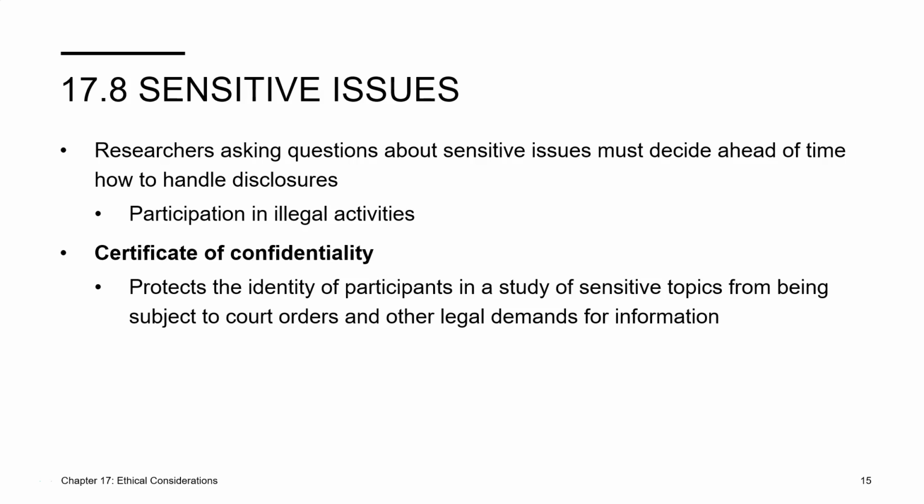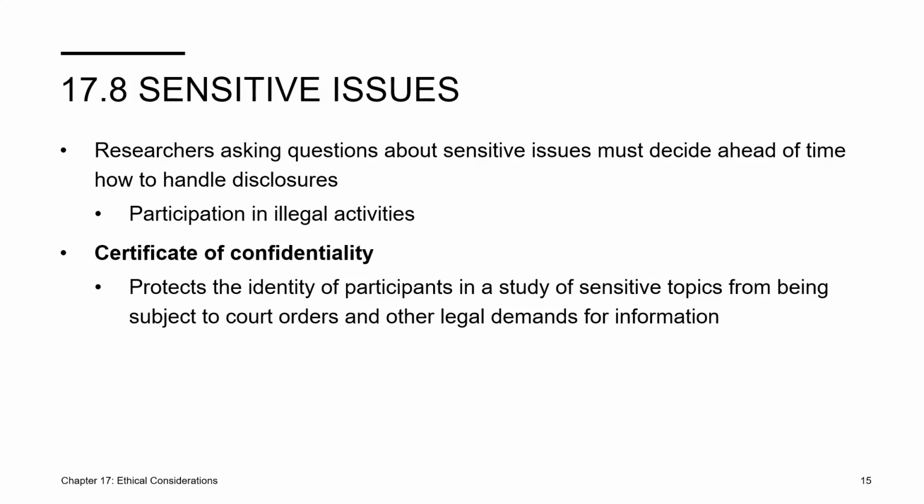17.8 covers sensitive issues. So researchers may ask questions about sensitive issues, and then they must decide ahead of time on how to handle disclosures. So let's say you ask participants about participation in illegal activities. So let's say you asked them something about marijuana use if it's in a state where it's not legal.